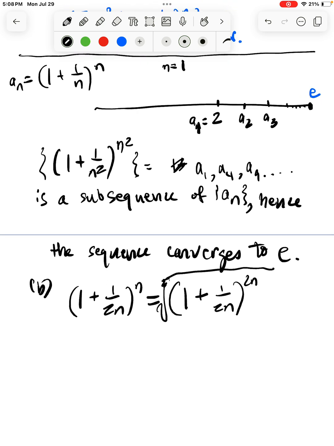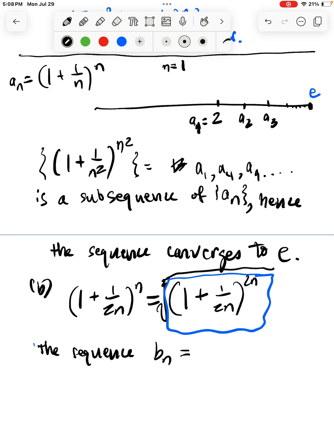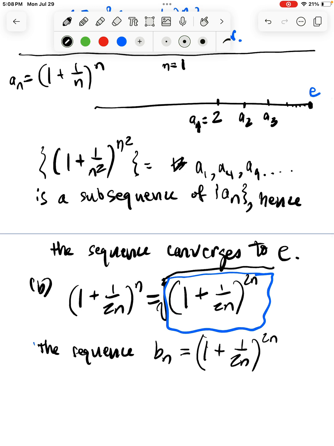Now again, this part is a subsequence. You could say something like the sequence b_n, which is (1 + 1/(2n))^(2n).